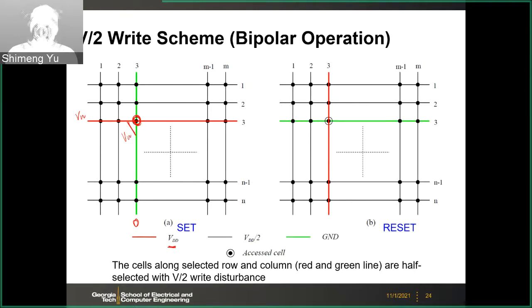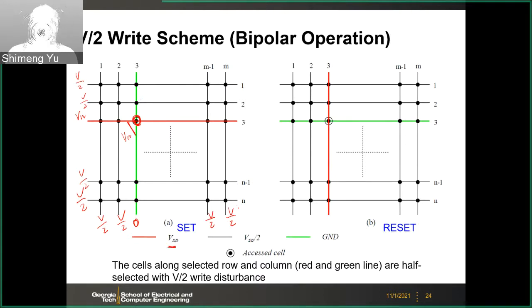For other cells, you don't want to write, so you need to half select or unselect them. For those unselected lines, you apply half V. And all the unselected bit lines, you also apply half V. So the black ones are half V.